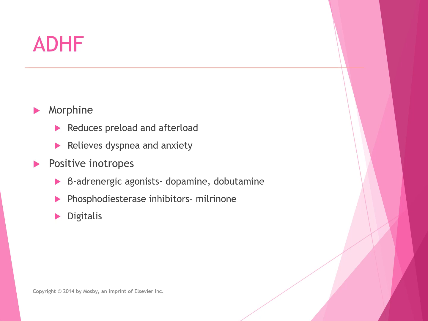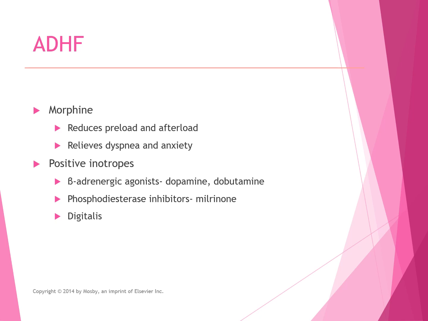If patients aren't responding, so if patients don't have an improved cardiac output with diuretics, vasodilators, and morphine, we can try a fourth type of medication, inotropic agents, which are listed here. The top two, beta-adrenergic agonists and milrinone, are given as IV drips, which is great because they act quickly.